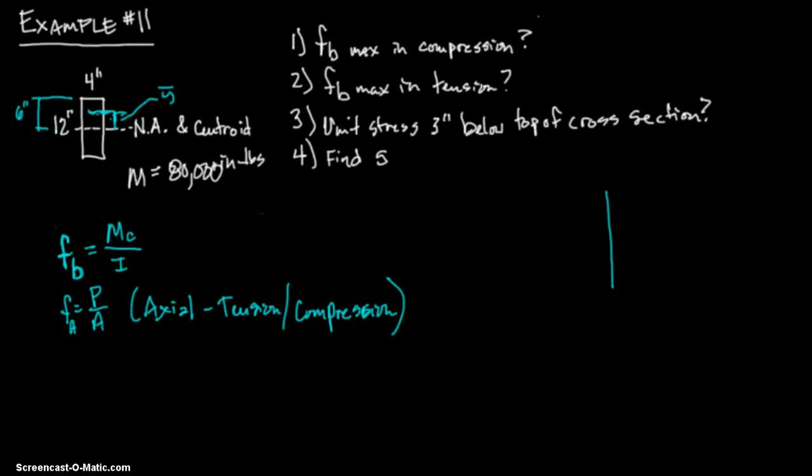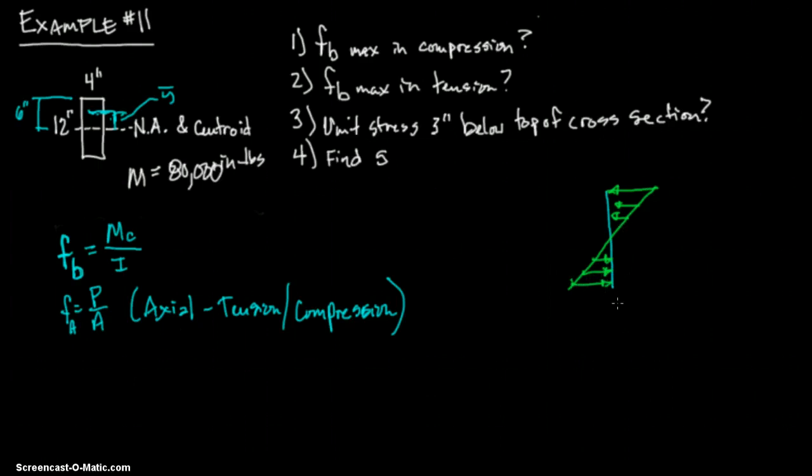Let's change colors here. Actually, let's make it 3D. That might not be possible at this point. But this is what they're going to look like, and this one is going to be the opposite way.